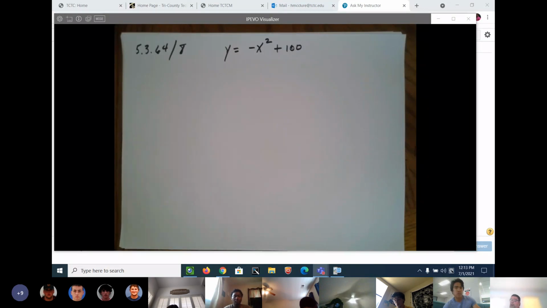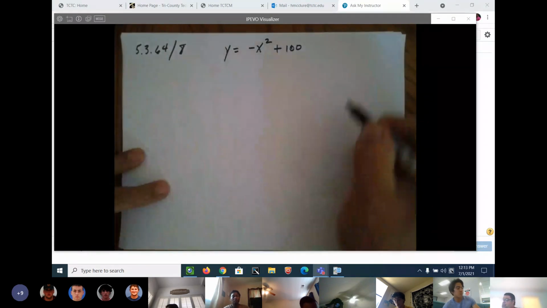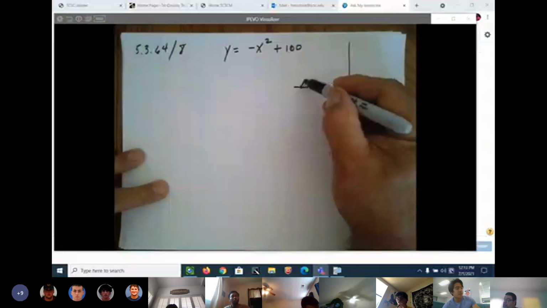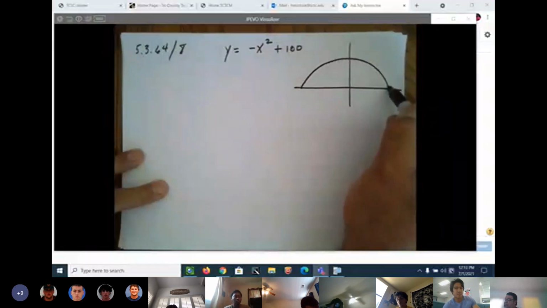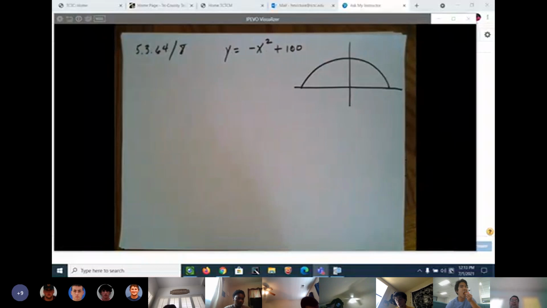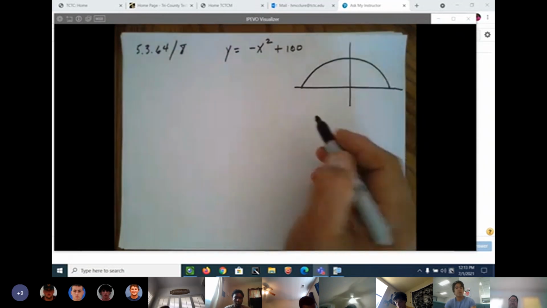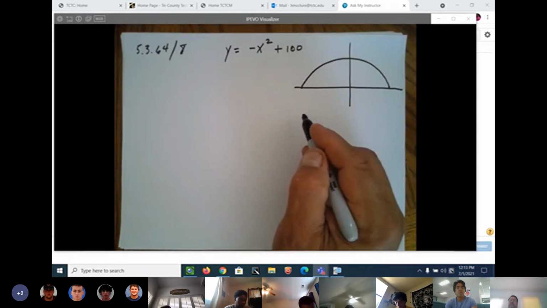Of course, this is a circle. I'm going to go over here, and it looks like that. How do I know? Because x is negative. So somebody tell me what the x-intercepts are. Right quick. You don't need the graphing calculator to tell you that.